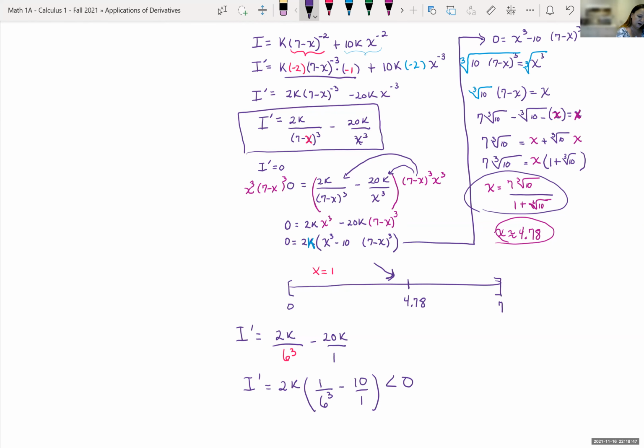If we choose some number, so let's say X equals bigger than 4.78. So let's say 5. If we plug this back into our derivative function, let's pull out that 2K again. And if we plug in 5, wherever we see an X, we get 7 minus 5. What that is 2. So 1 over 2 cubed minus, plugging it in here, 10, because we pulled out the 2K, and then we have 5 cubed.